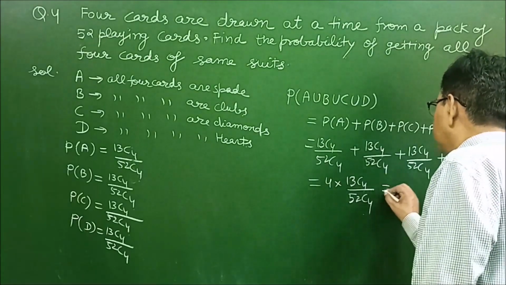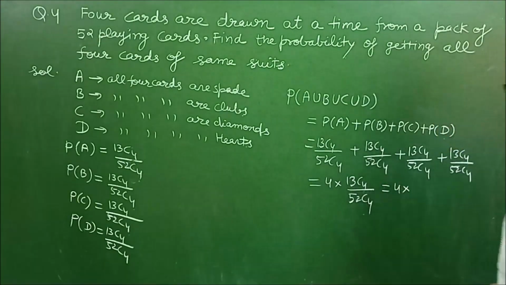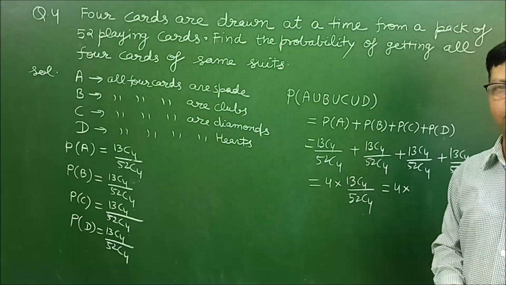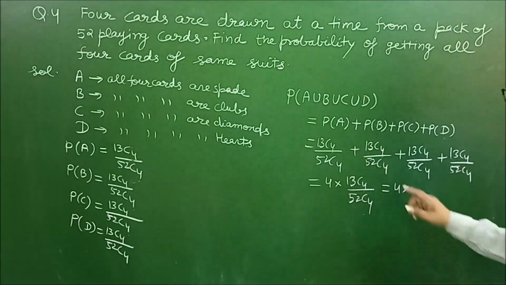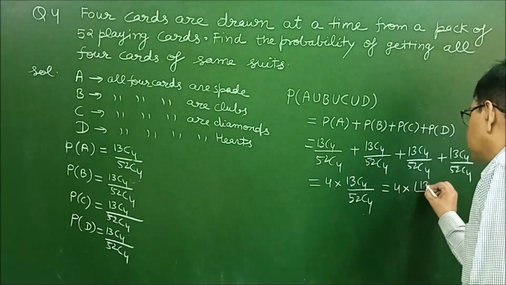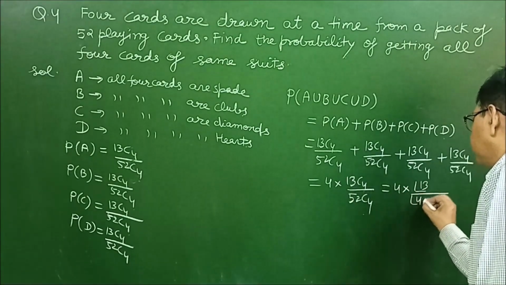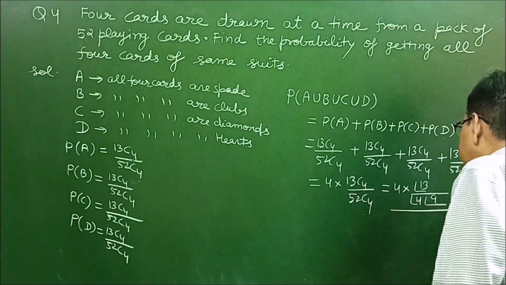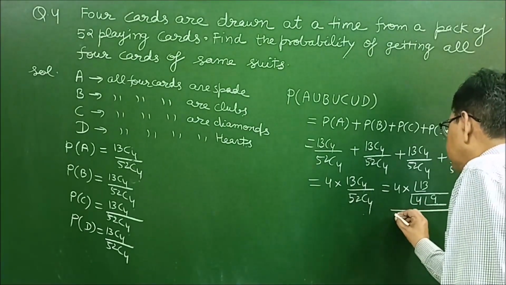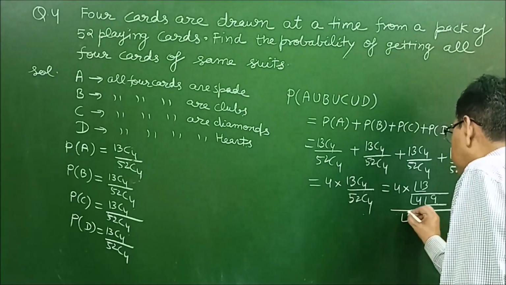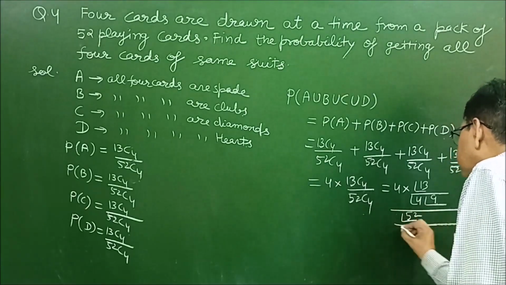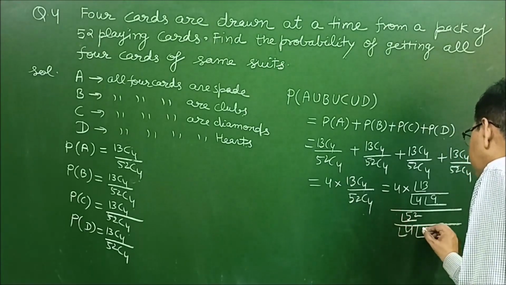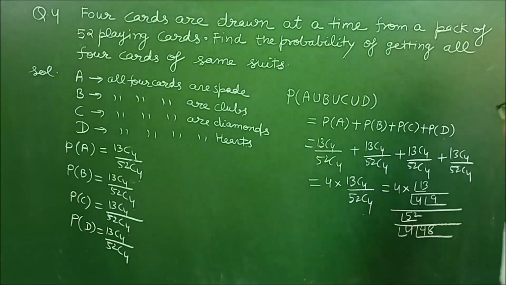This is equal to 4 into, using the formula nCr is equal to n factorial upon r factorial n minus r factorial. So this is equal to factorial 13 upon factorial 4 factorial 9, upon 52C4, which is factorial 52 upon factorial 4 factorial 52 minus 4, that is 48.